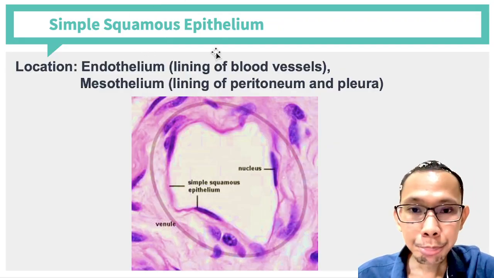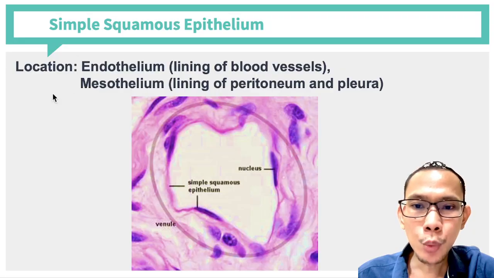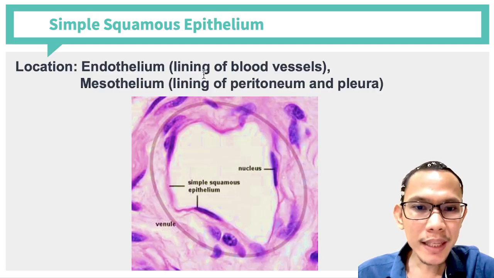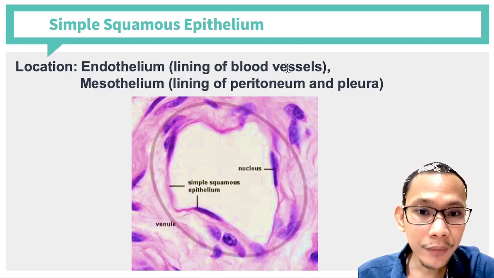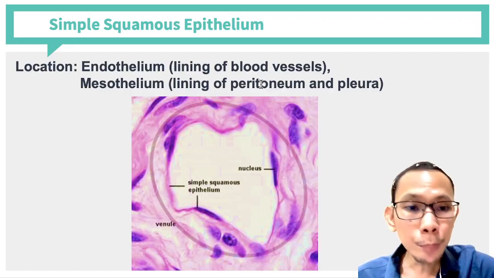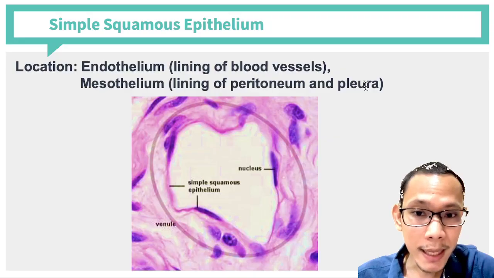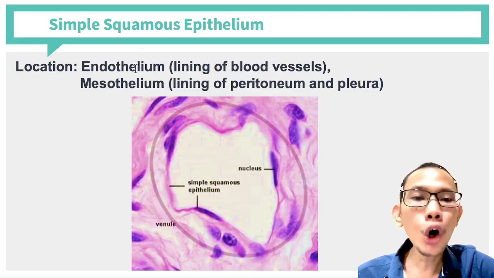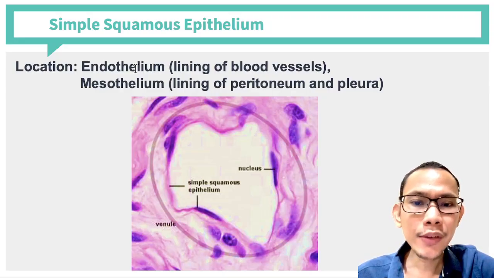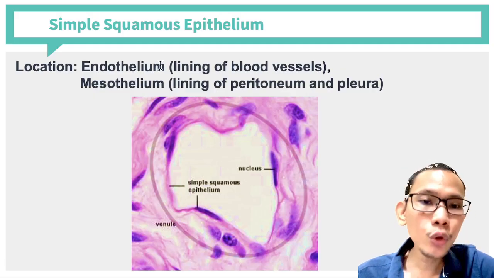Your simple squamous epithelium, what will be the location? Saan natin matatagpuan ang simple squamous epithelium? We can see that in the lining of your blood vessel, lining of your peritoneum, and in your pleura. Yung peritoneum natin, nasa abdominal area. Yung pleura natin sa ating respiratory system. When I say endothelium, what is the lining epithelium? You can answer that as simple squamous. Endothelium is specific to your blood vessel.